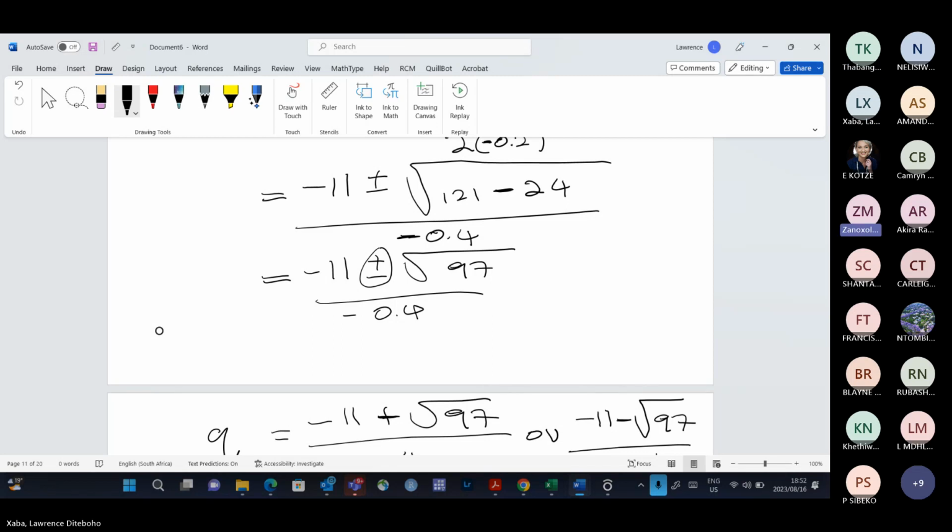Isn't it 36.0? I think I found it. Yes, 36.0. The other one, I'm not sure.